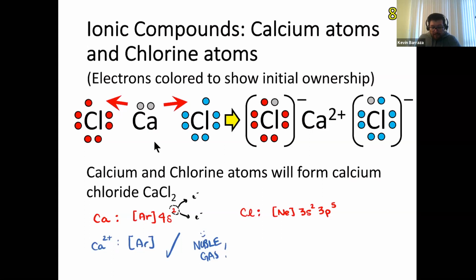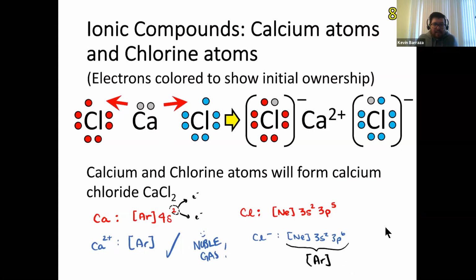What about chlorine? Well, it tells us that if chlorine just gains 1 more electron, then it becomes Cl minus, neon 3s2, 3p6. And if we take a look at which element matches this electron configuration, this is just like argon as well.